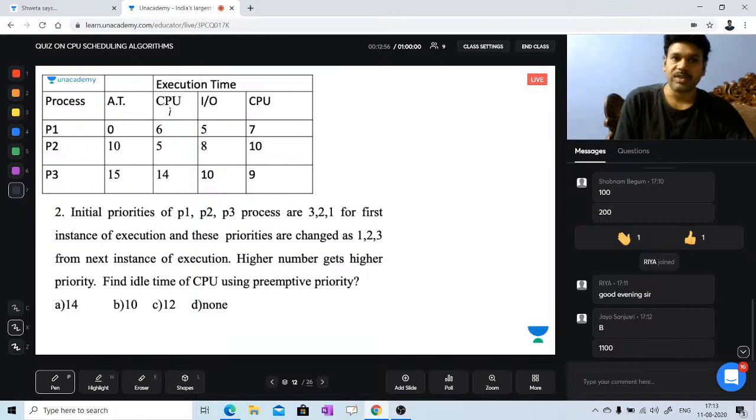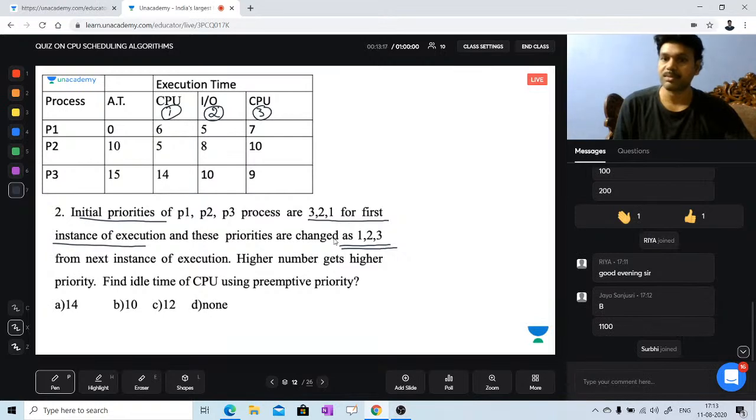See the order of execution: CPU, IO, CPU. And see that 3 to 1 are the first instance priority, and these priorities are changed to 1 to 3 from the next instance onwards.